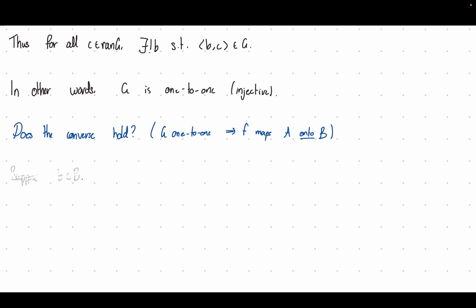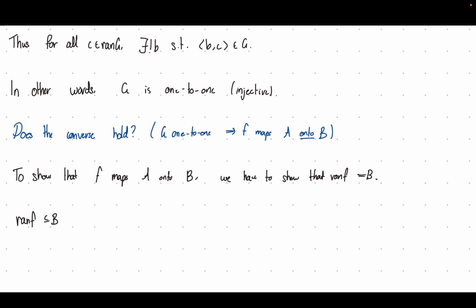So before I do that, to show that f maps A onto B, we have to show that the range of f is equal to B. Now, range of f being a subset of B is a given for any function.